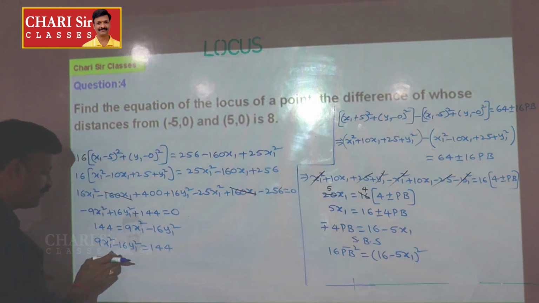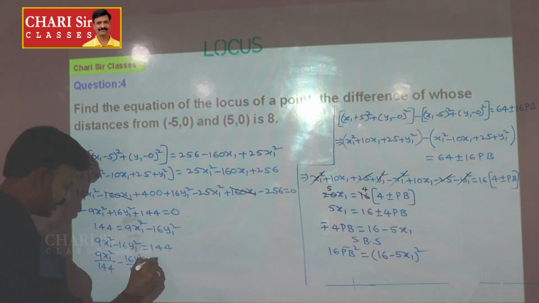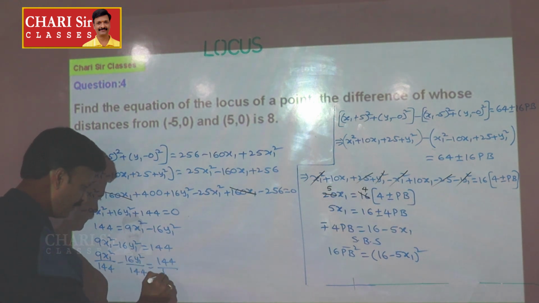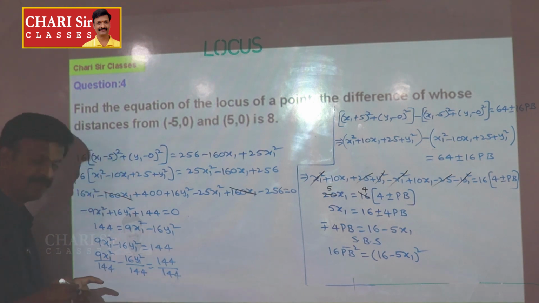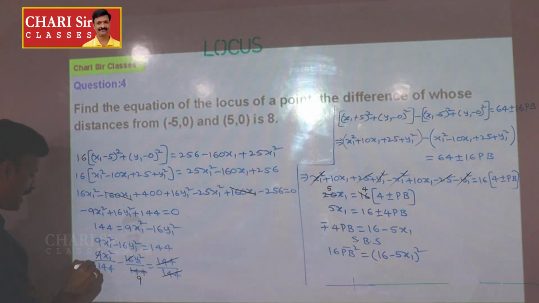Now with 144 you can divide, that is 9x1 square by 144 minus 16y1 square by 144, which is equal to 144 by 144. Both the sides we are dividing with 144. So this 144 gets cancelled. 16 9 times is 144, 9 16 times is 144.